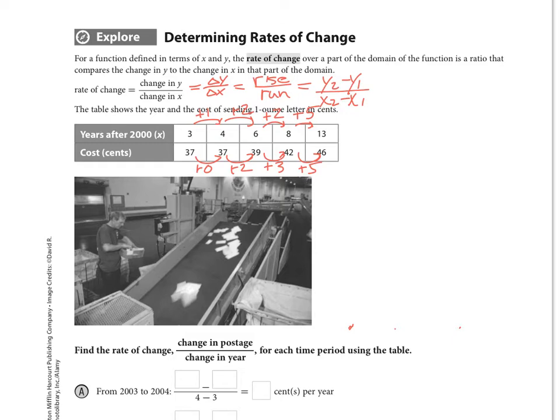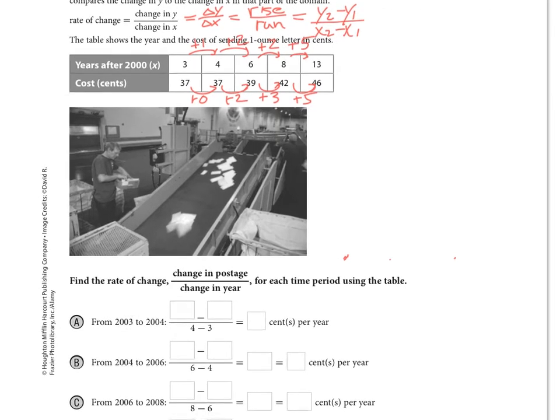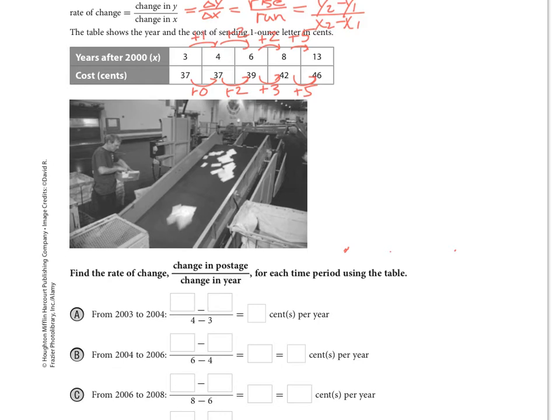So in this particular case, it's asking us to find the rate of change from 2003 to 2004. Now, this is measured off a year, 2000. So year 2000 would be like year 0. If we were doing our table, you could correspond year 2000 to our 0 term in our table.